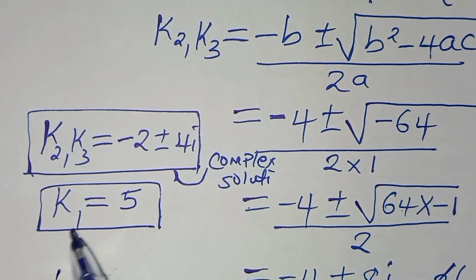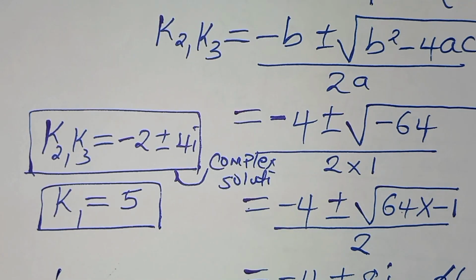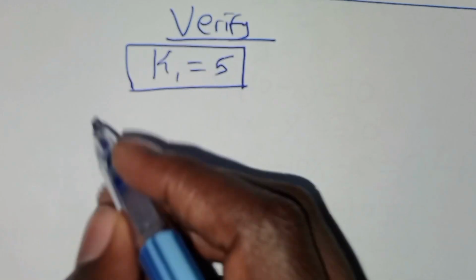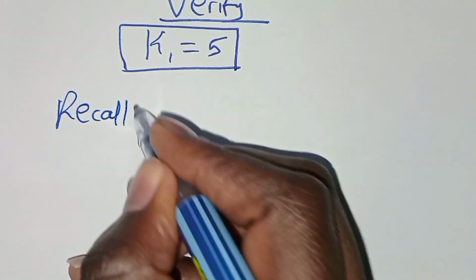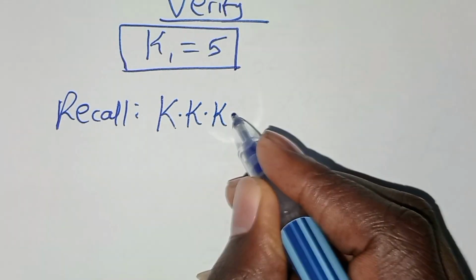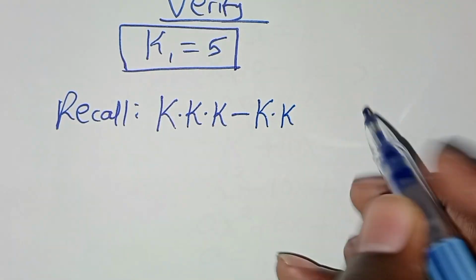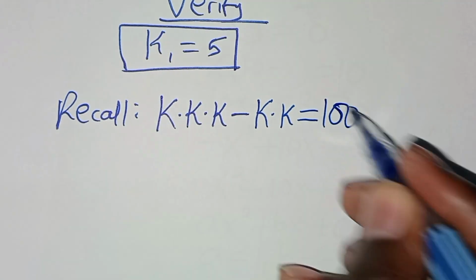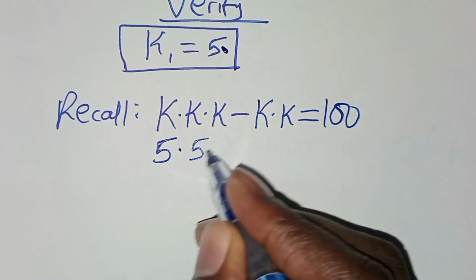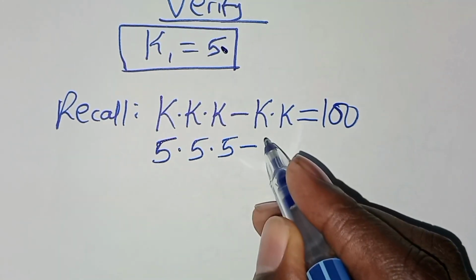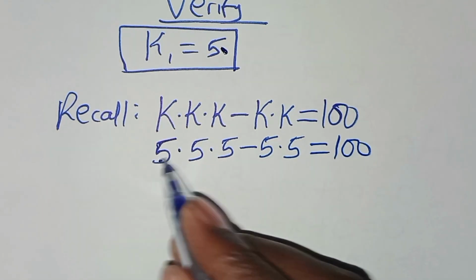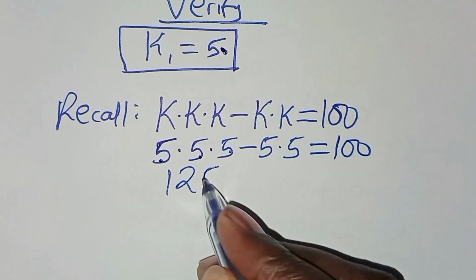So let's verify that k1, which is equal to 5, actually satisfies the equation. If you recall, k times k times k, subtract k times k, should give us a value of 100. So k is 5, so this is 5 times 5 times 5, subtract 5 times 5. 5 times 5 times 5 is 125.